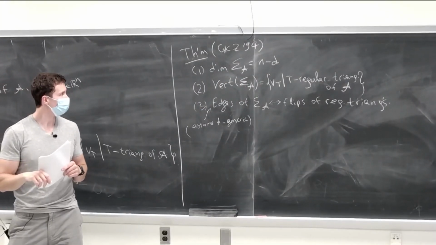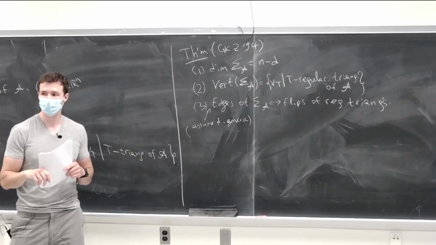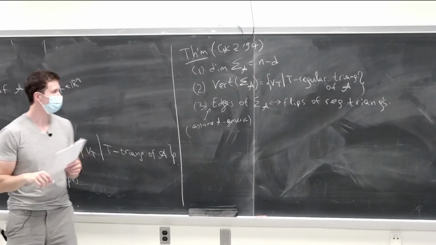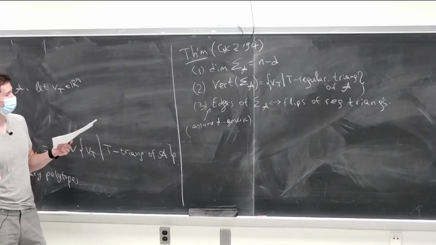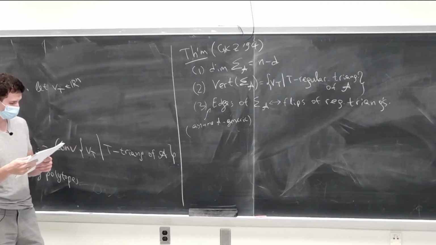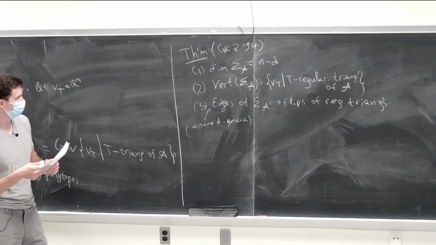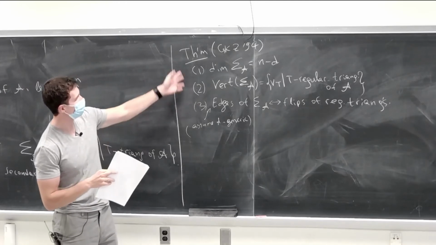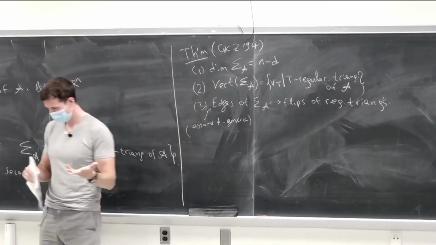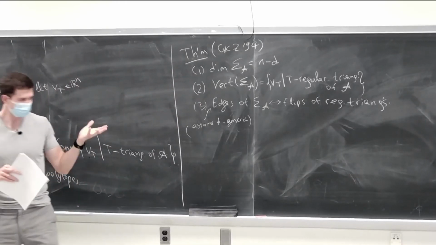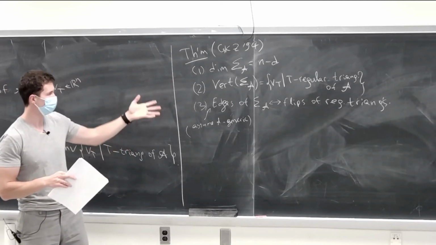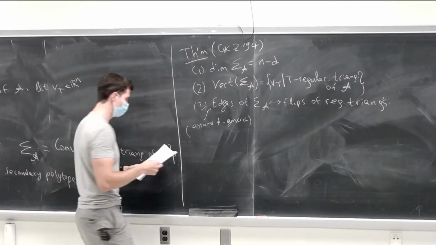So that's the claim. I'm not going to tell you the proof, but first of all, let me mention one natural proof idea, one of the first proof ideas for this statement.